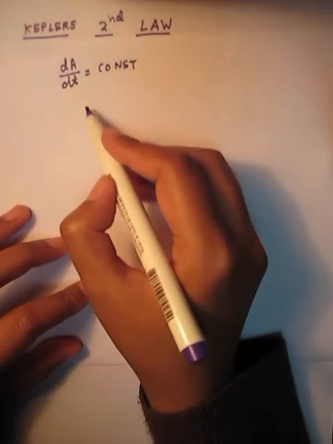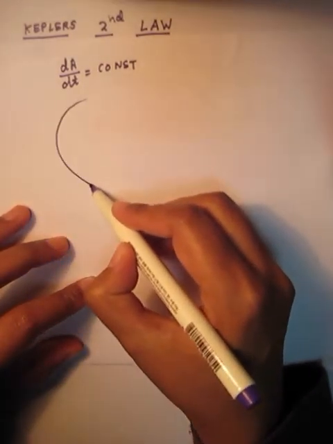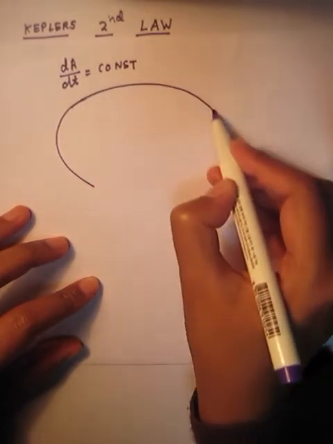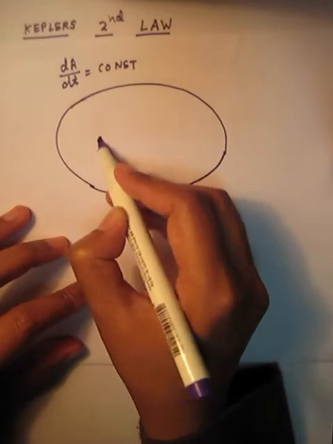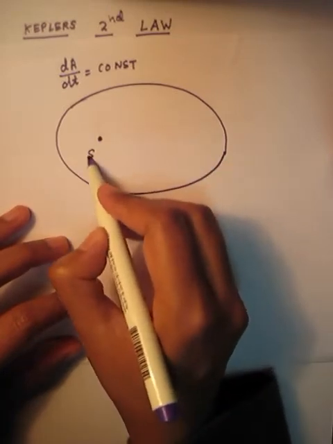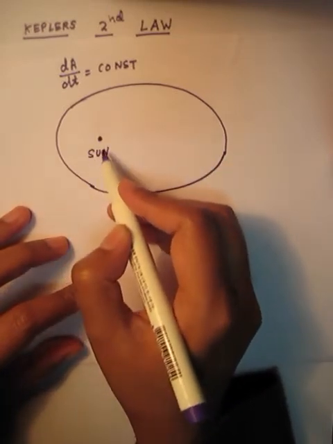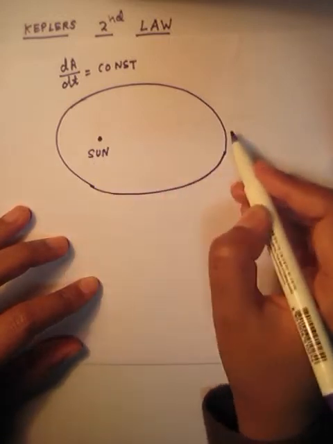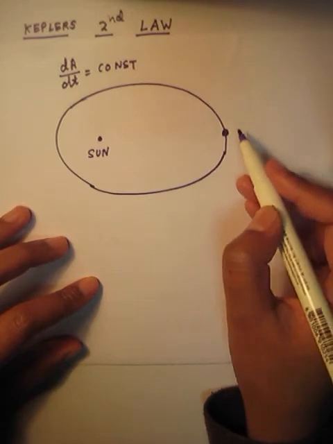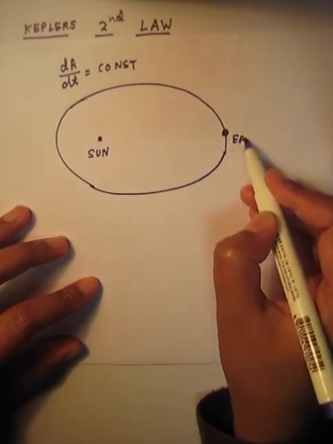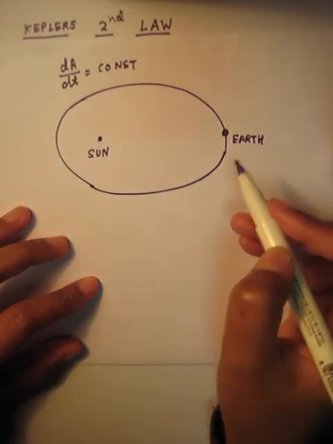Kepler's first law says that the planets move in orbits which are elliptical, and at one point you'll have the Sun, and at the other any planet. Let us say we're talking about Earth, although it is valid for all the planets.